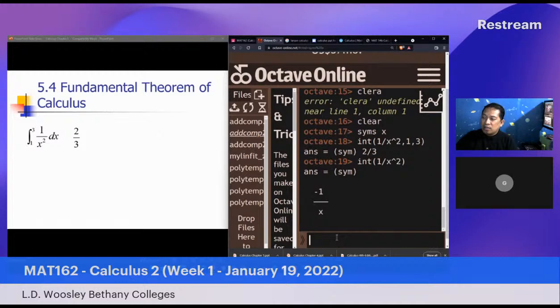So negative 1/3 minus negative 1. Correct, 2/3. It just emphasizes f of b minus f of a. Okay. So let's just check this in MATLAB.